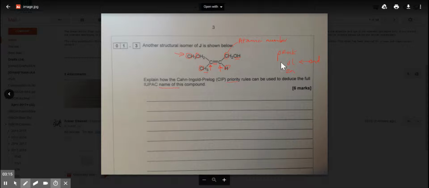And you're going to number the carbon, right? That hydroxyl group is coming off carbon number 1, so it's going to be 1-ol. This double bond starts on the second carbon, so it's going to be 2-ene, and it's going to be pent. So pent-2-ene-1-ol, but you're going to have to name that methyl group as well.